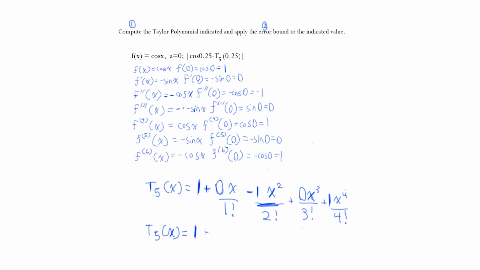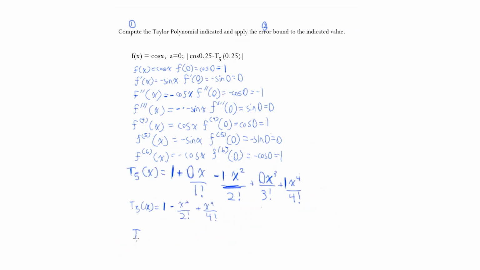So it's 1 minus x squared all over 2 factorial plus x to the 4th power all over 4 factorial. And that is our Taylor polynomial when we take it out to the 5th degree. Although in actuality, we can simplify this a little bit more by solving out the factorials.